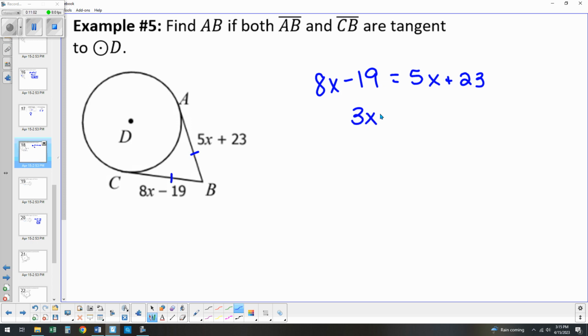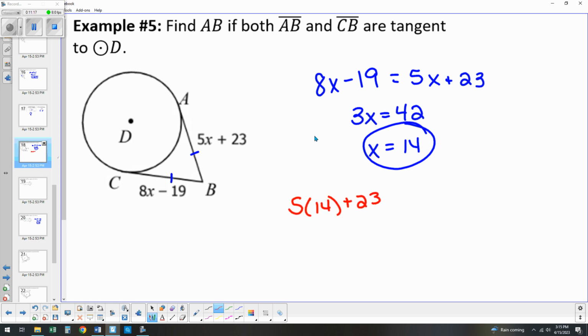Subtract 5x, add 19, and we get x is 14. And we want to find AB. So we're going to do 5 times 14 plus 23. And we get AB equals 93.